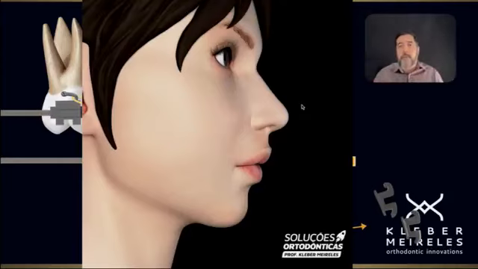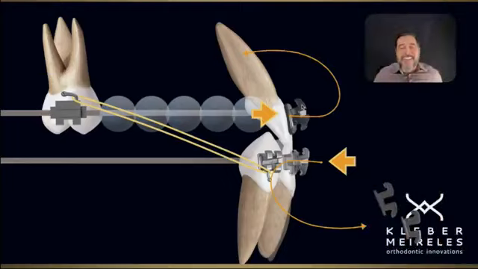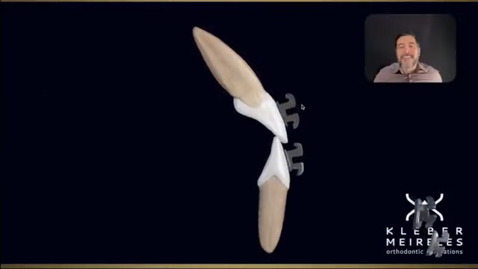It's not possible. Yes, it is possible to move, but it's not possible to keep the roots inside the bone. And you don't want that to happen, I bet. So I don't believe in doing it this way. I don't believe in just focusing on the right torque for that. I believe in individualization of the treatment.